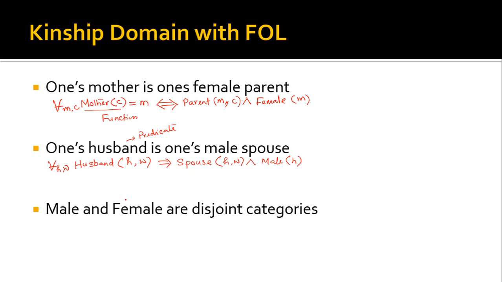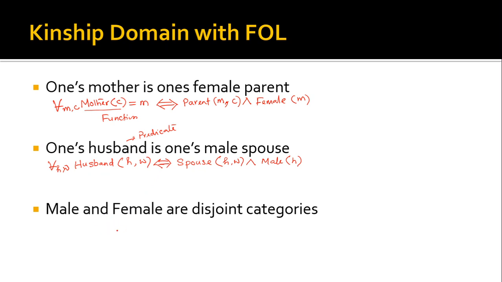It should be bidirectional, because if someone H is a spouse of W and H is male, then H is a husband of W. So the other way of implication is also true, right?